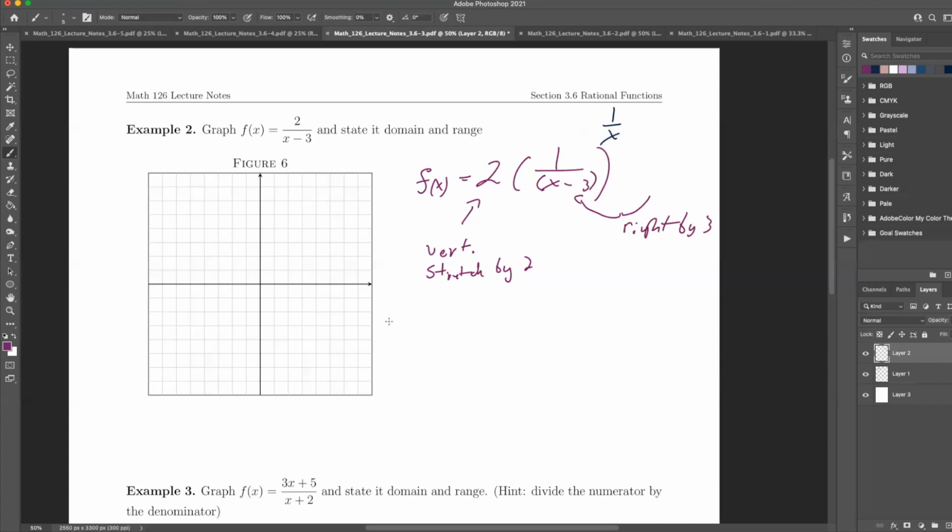And so let's label stuff. So here, if we take this original function here, I'm only going to draw the original function here once. It's a terrible representation of the original function. So what we're going to do is move everything to the right by 3. 1, 2, 3. And so what I'm going to draw in is the asymptote.